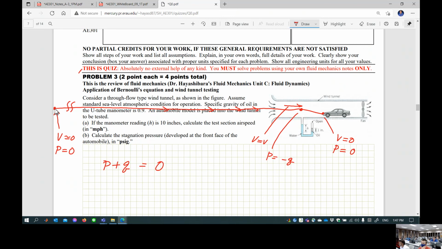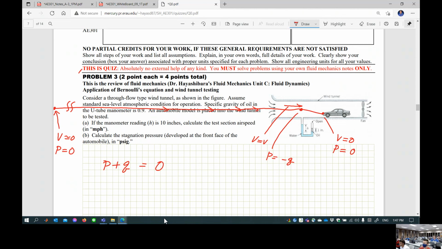Where the velocity is 0, Q is 0, so P is also 0. Right here, velocity is V. What is P equal to? Minus Q, minus 1/2 rho V squared. That's right.